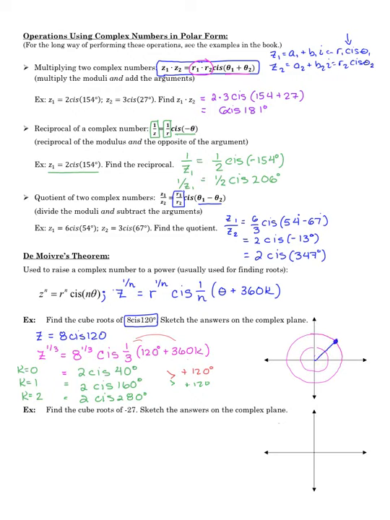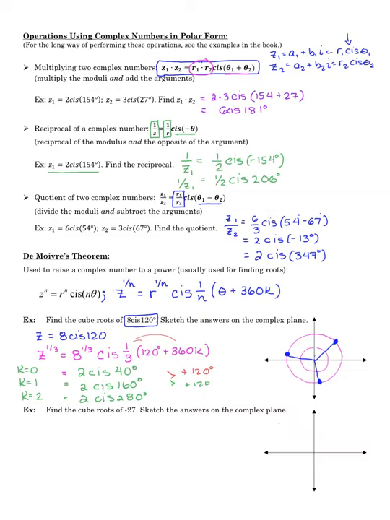That would be 2 cis 40. Then I have 2 cis 160, which would be about here. And then 2 cis 280 is going to be right here. They should all be equally spaced 120 degrees apart. And that's how you find it.